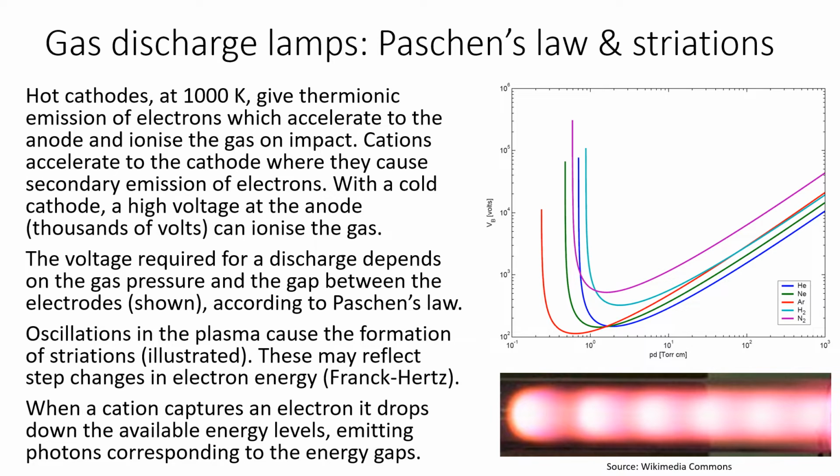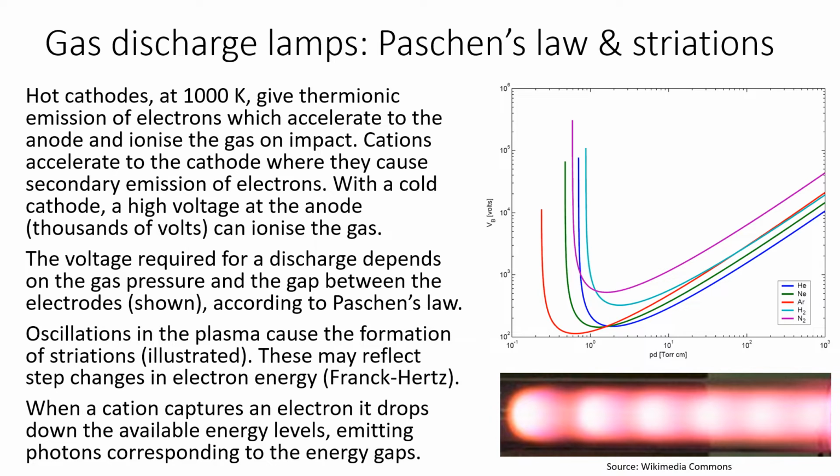And then I guess the final thing to say is that when we produce these cations, when you've got a species in the gas phase which has lost an electron, at some point it's going to recombine with an electron. And as it recombines, that electron is going to drop down the energy levels in a sort of cascade. You'd expect the electron ultimately to end up in the lowest available energy level in the atom, so the atom, as it were, reaches its ground state. But it doesn't necessarily do that in one go.